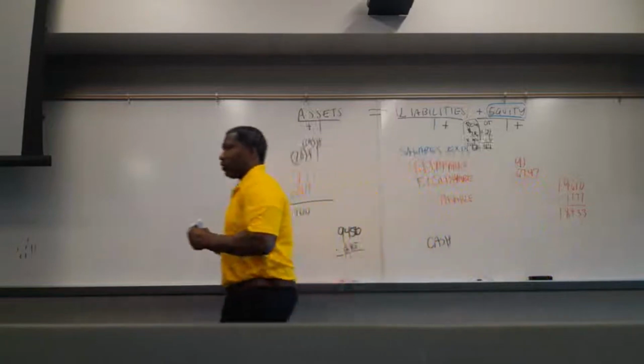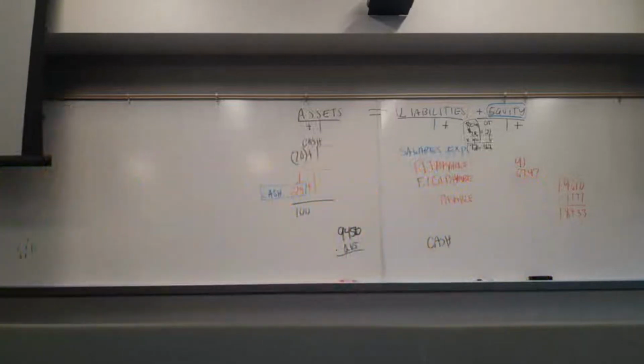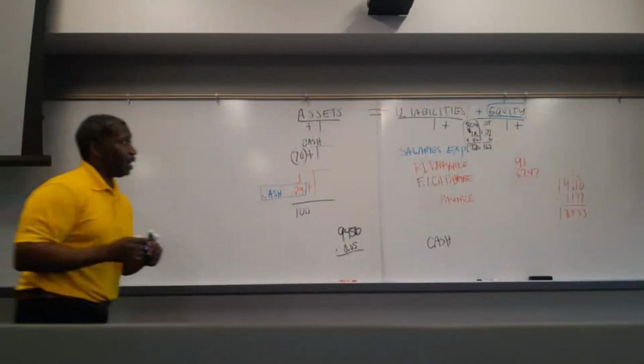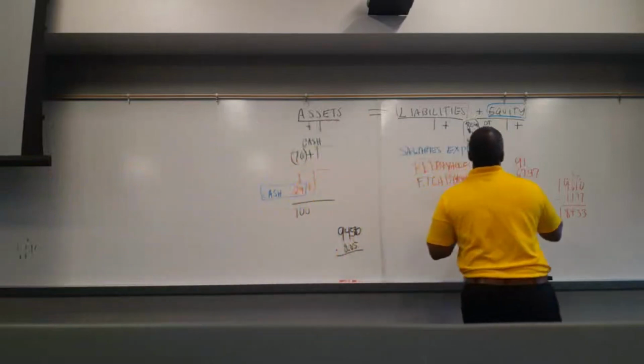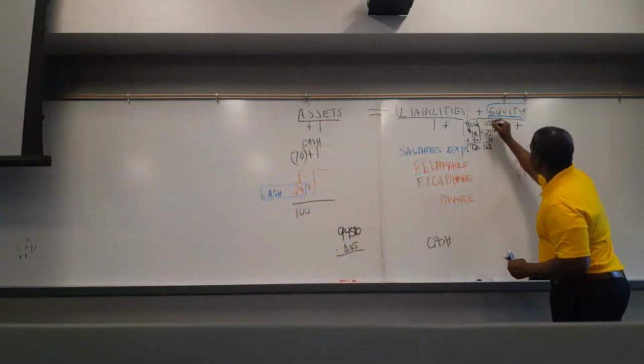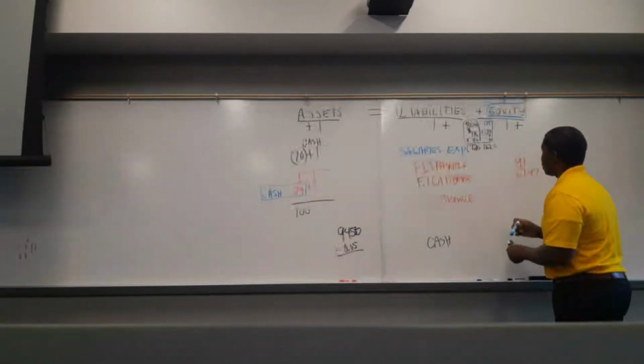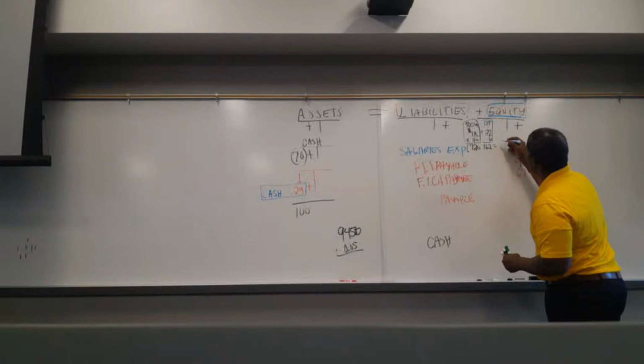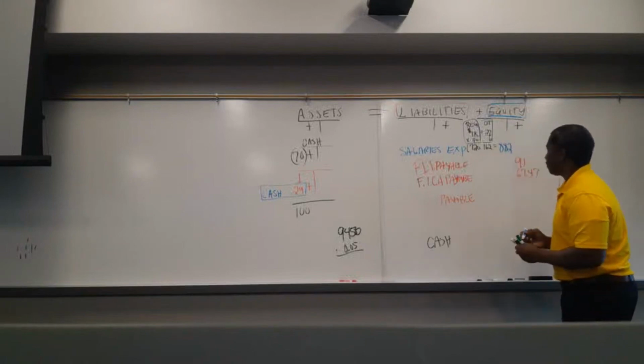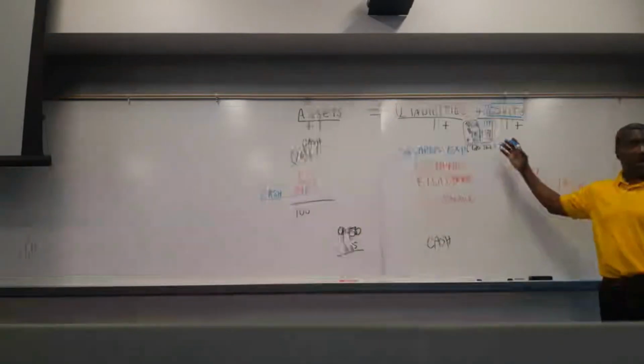And when I add those together, I get $882. So my salary expense is going to equal $882. Okay? So we're clear on how we get this part right here.